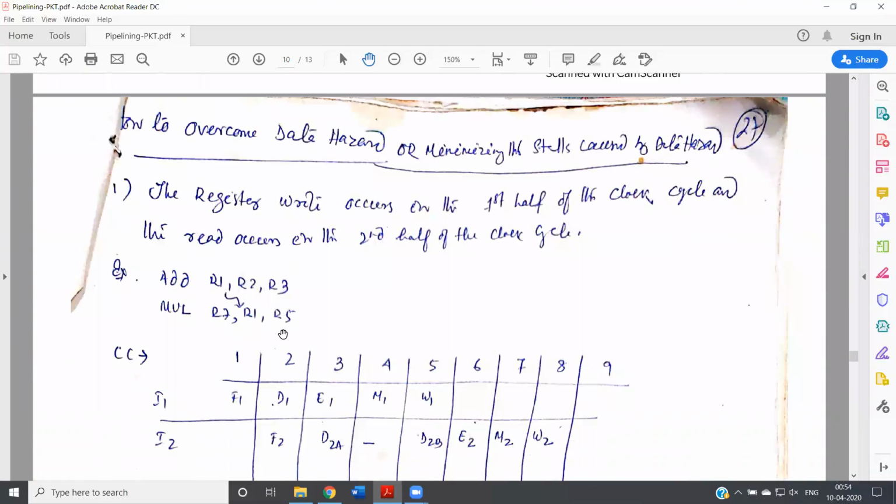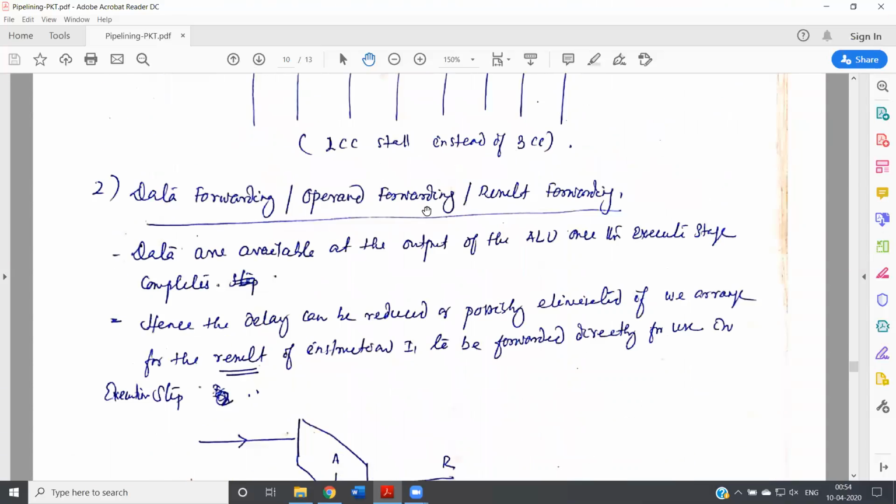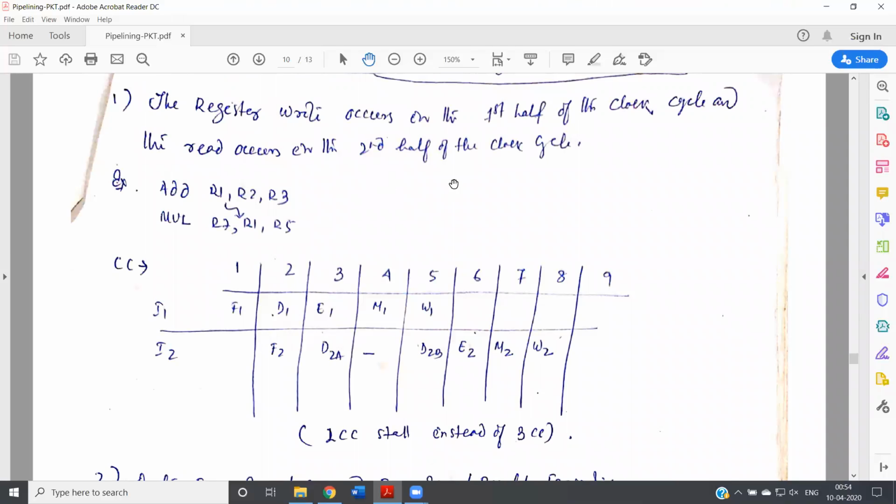So how do we overcome this data hazard? One solution is that the register write occurs in the first half of the clock cycle and the register read occurs in the second half. Generally in a clock cycle we do one operation, either read or write, but here the first half of the clock cycle is used for writing and the second half for reading.